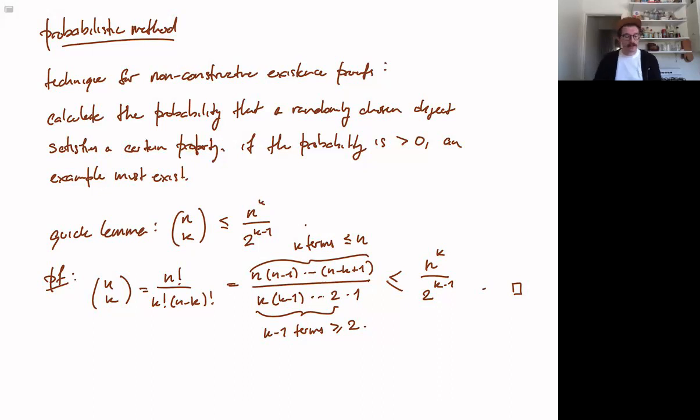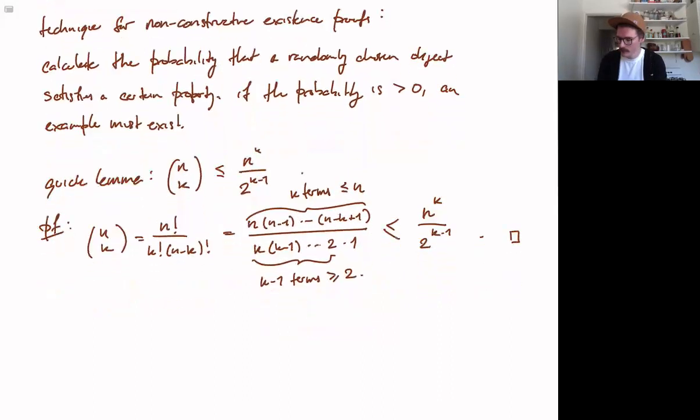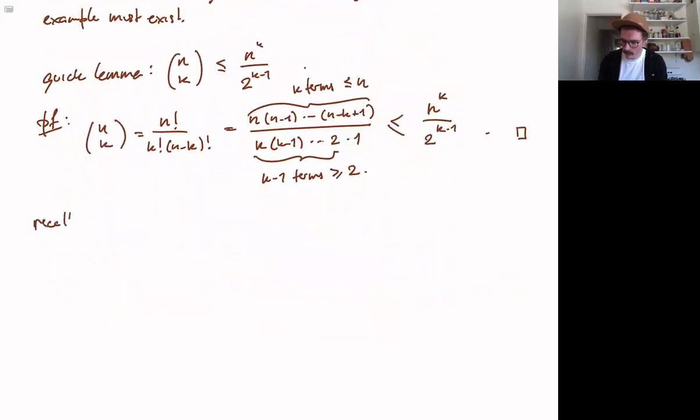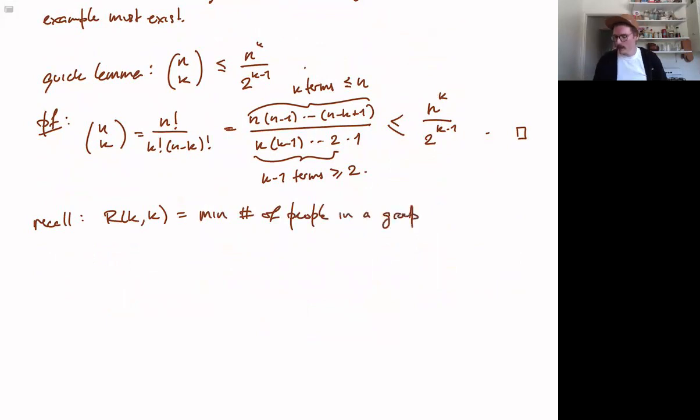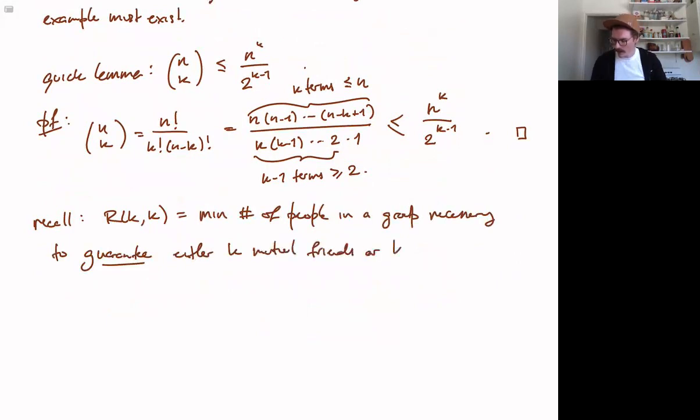And now let's talk about Ramsey numbers. So recall, R(k,k), this Ramsey number, is the minimum number of people in a group necessary to guarantee either k mutual friends or k mutual strangers.